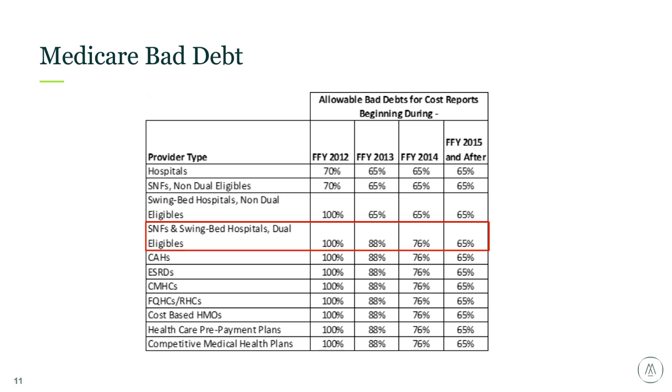At least in the last few years, even when President Obama was in office, reduction of Medicare bad debt to 25% to zero has been active both on CMS's mind as well as part of the president's budget. So we definitely still encourage that this is an area to recoup some lost reimbursement while we can through the cost report.